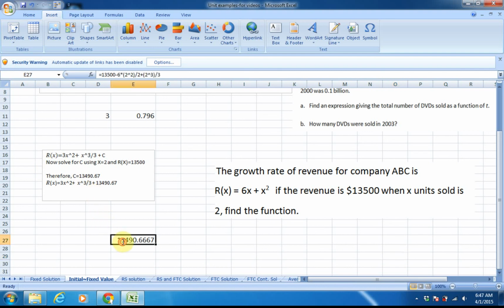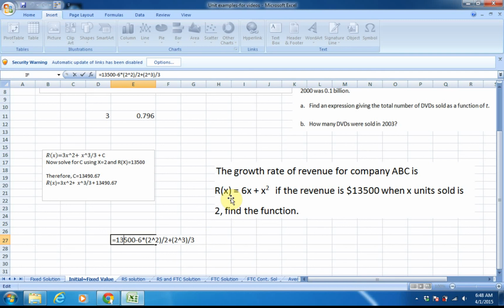Here in this box you can see my calculation. I basically set up an equation and solved it, but to be able to use Excel and solve that, it's 13,500 minus the values that we have when we think about our antiderivative being evaluated at 2.